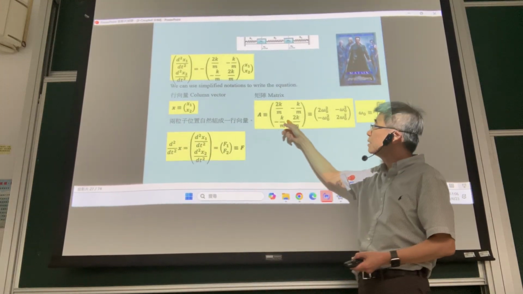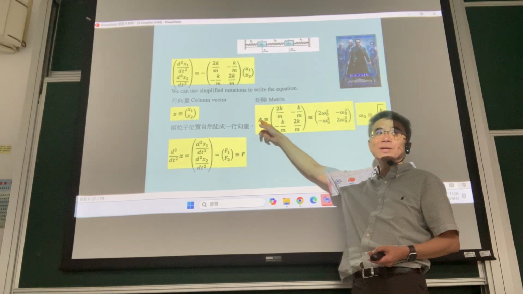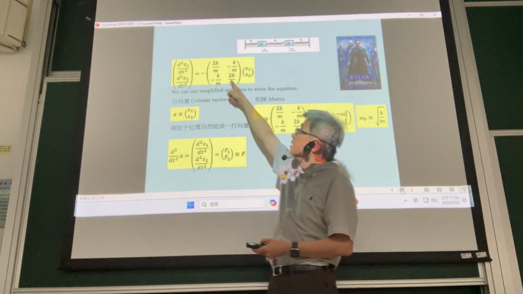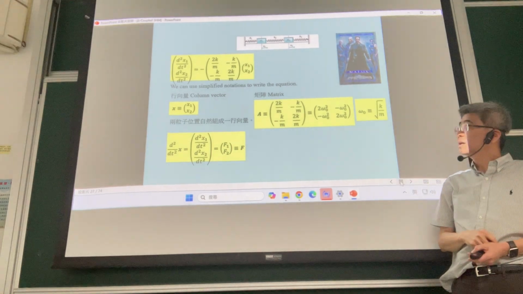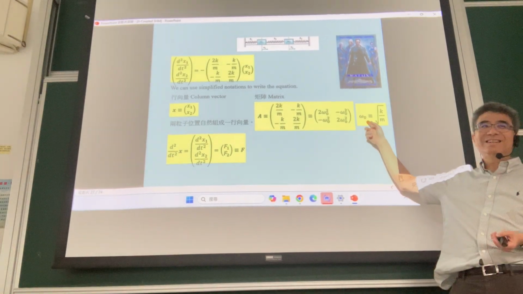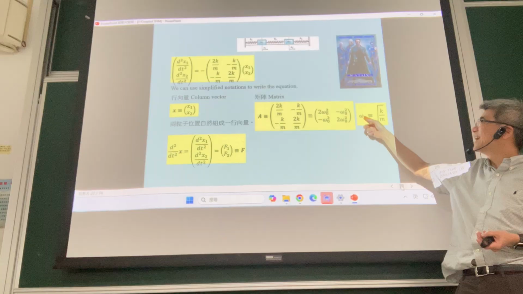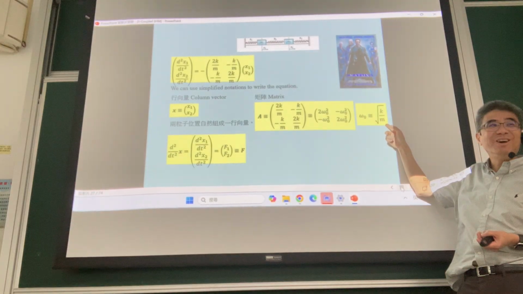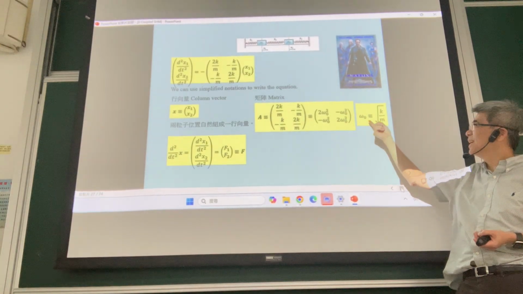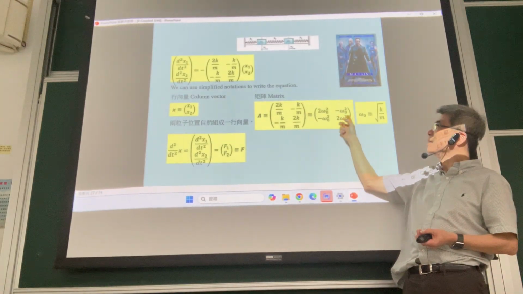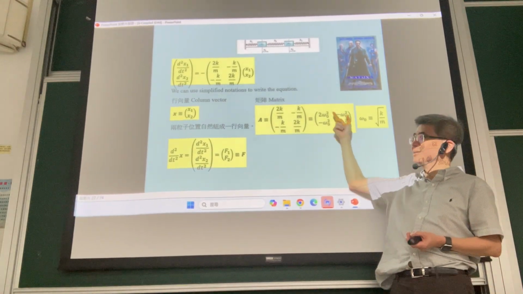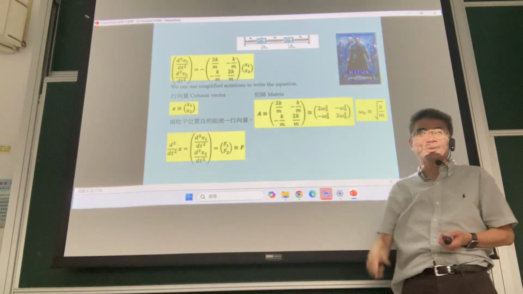For example, here I define A, this 2 by 2 matrix, as this. So again, three lines. And here, don't forget omega 0 is the square root of k over m. I define this as this. Therefore, this could be simplified as this matrix. It's much simpler to handle than this, right?